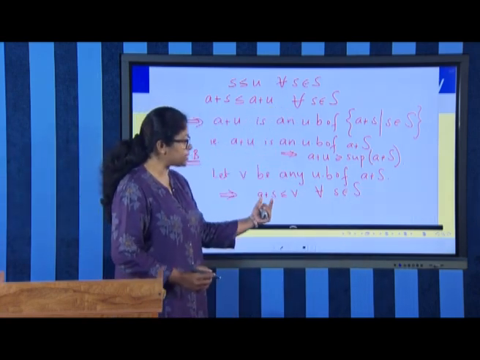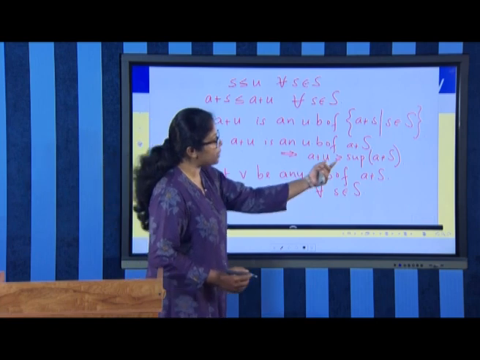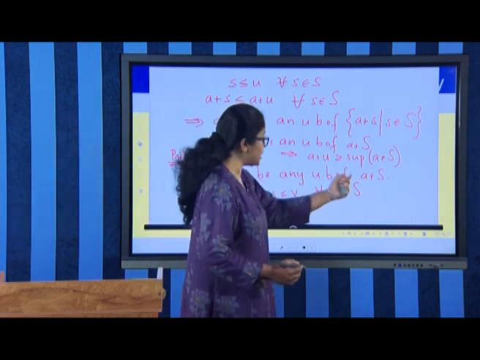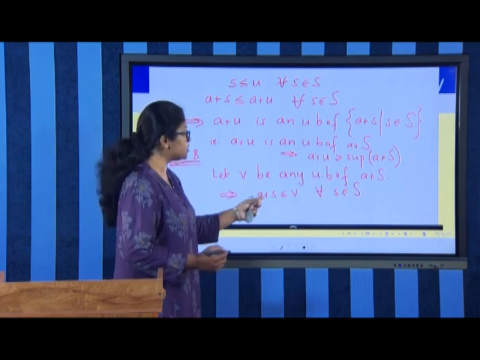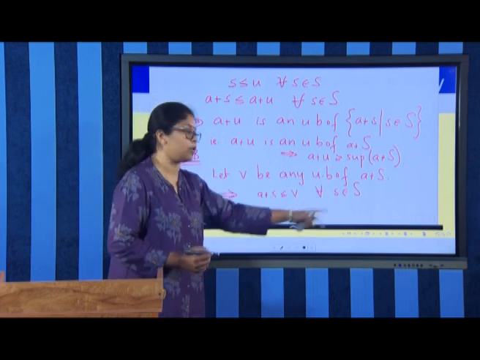Because A plus S is an element of A plus capital S, and since V is an upper bound of A plus capital S, this condition is true for every S belonging to S.